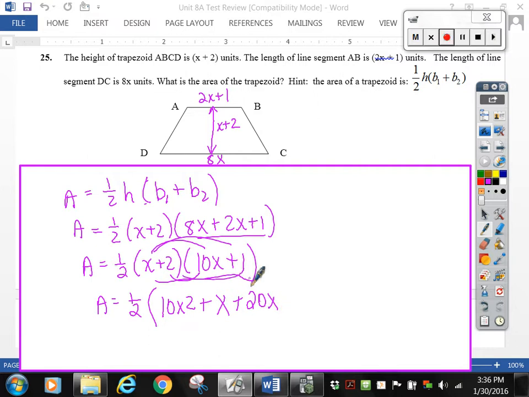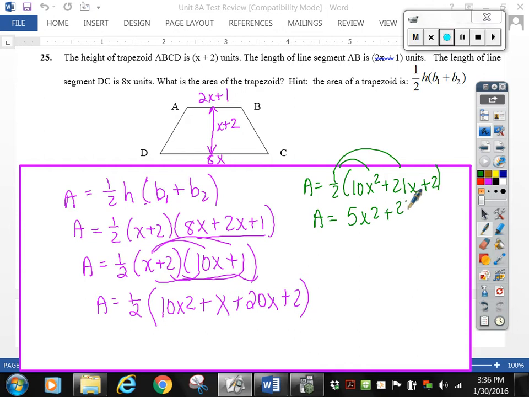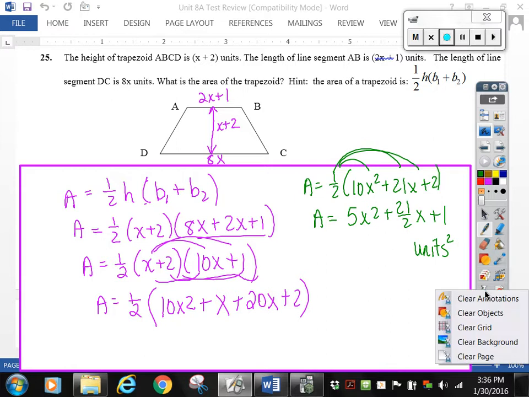And 2 times 1 is plus 2. Okay, so simplifying, I get 10x squared plus 21x plus 2. So multiply by 1/2 and I get 5x squared plus 21 over 2x plus 1, and this would be units squared. So centimeters squared, inches squared, whatever my units were.